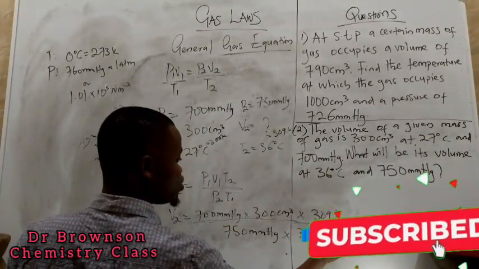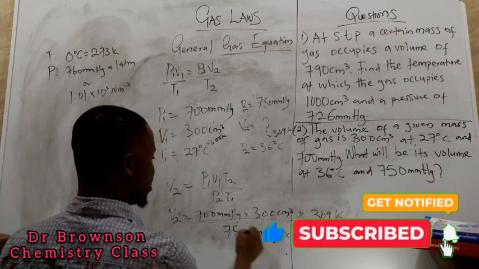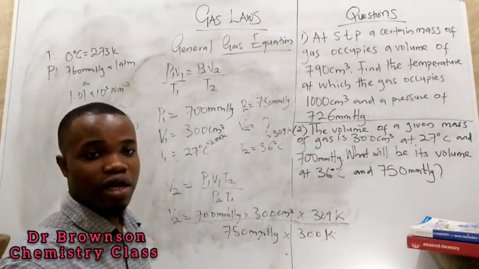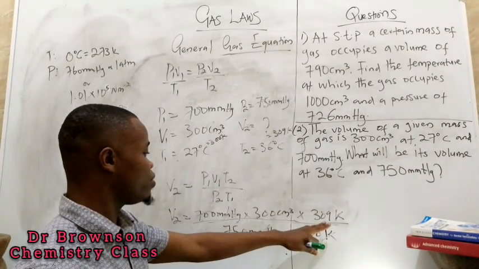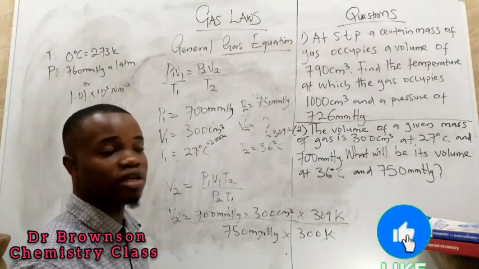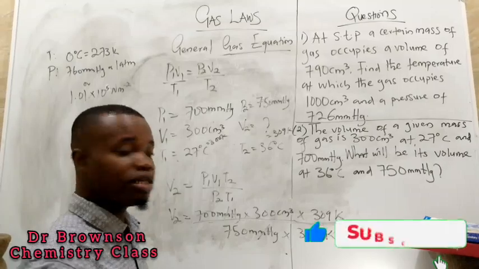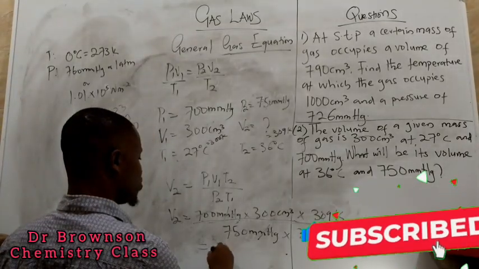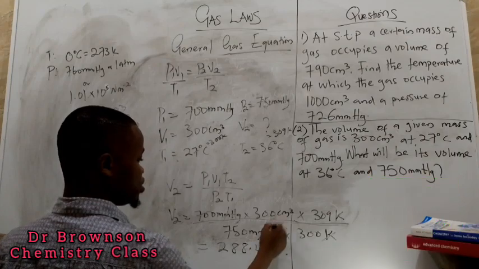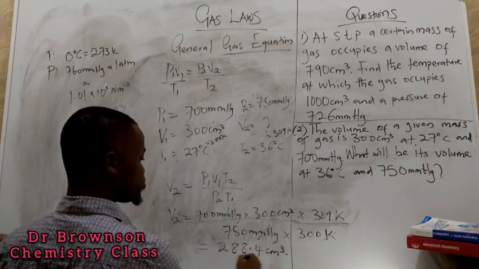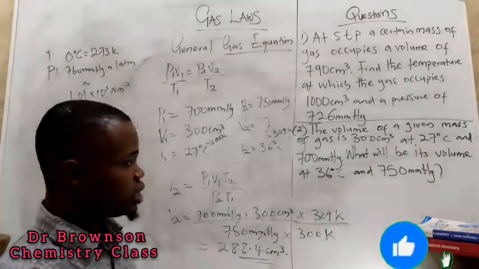So Kelvin cancels Kelvin, and millimeter mercury cancels millimeter mercury. What is the answer? 700 times 300 times 309 all over 750 times 300 gives us 288.4 centimeter cube. So this is our answer.